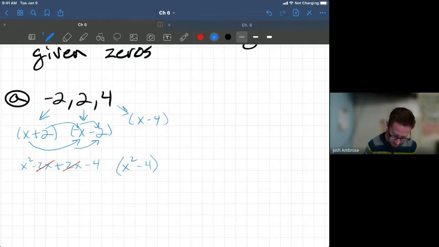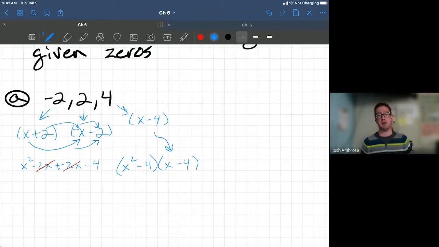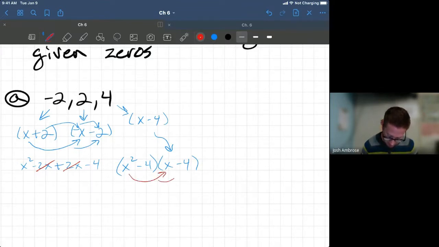Let's put that back in parentheses and multiply it by x minus 4, the final binomial that we haven't distributed in. We take our terms and do the same thing: x squared times x, then x squared times negative 4, negative 4 times x, and negative 4 times negative 4.